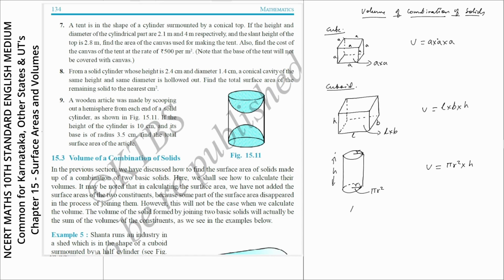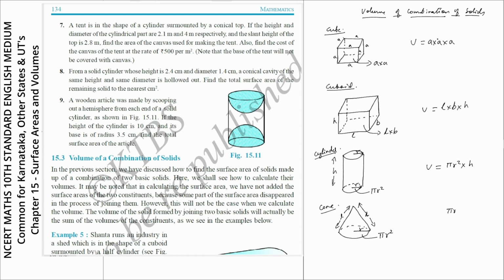And what about a cone? In a cone, let r be the radius and let l be the slant height. This is the slant height. What is the area of the base? The base is a circle, so the area is pi r square.